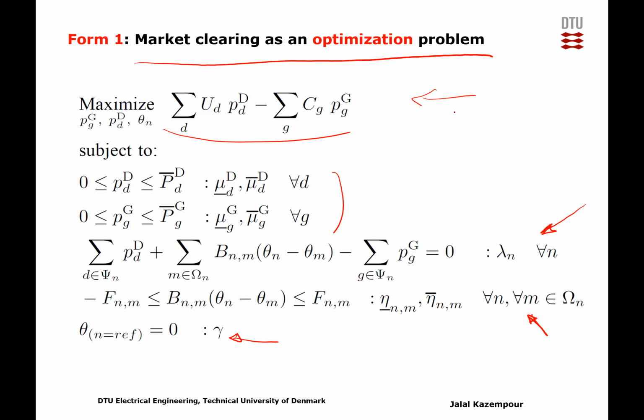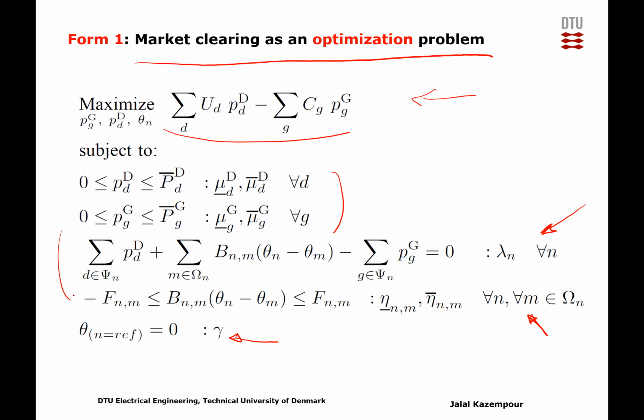As I said, European and US markets are different in many ways. For example, in Europe, we don't model the transmission system as it is in the day-ahead market. We have the zonal representation of the transmission system. Also in Europe, the generators don't submit their unit commitment constraints. It's implicit in the bids.